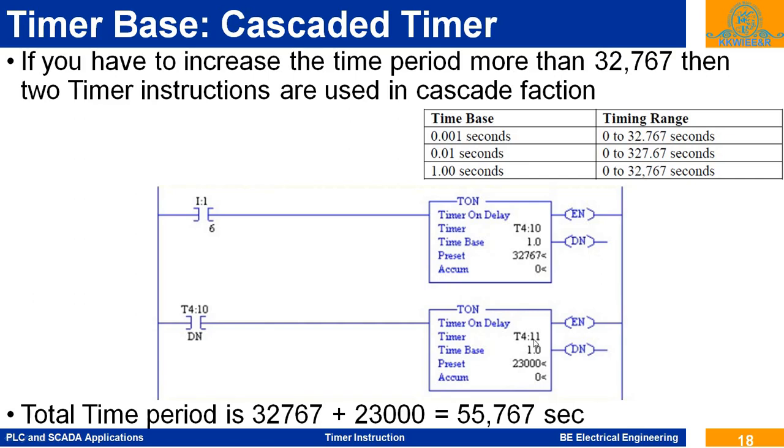In this way you can achieve a higher time delay, more than 32767, by connecting these timers in cascade. Okay. So in this way you can increase the time.